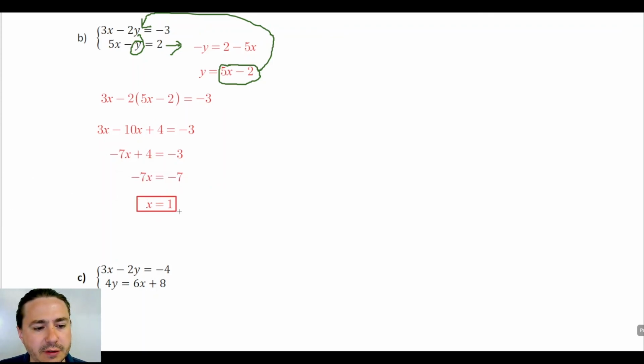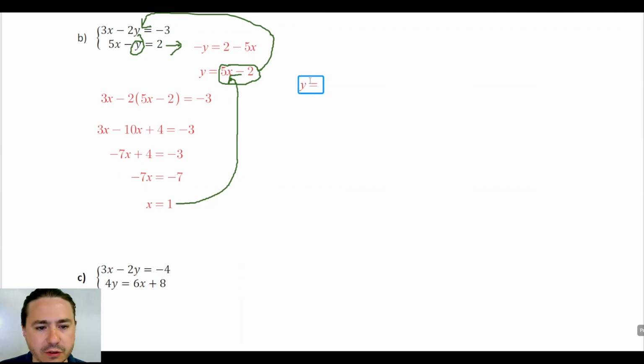So this is x. Now this isn't our final answer, so I'm not going to box that yet. What I need to do is use this to find y. The solution to these systems is the coordinates where the two lines intersect, so I'm really looking for an ordered pair, an x and a y. I can substitute again, taking this 1 and substituting it into this equation to get y.